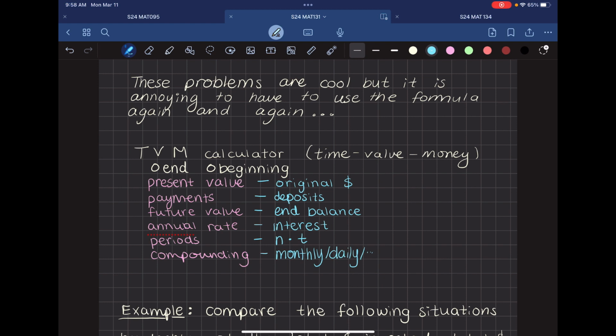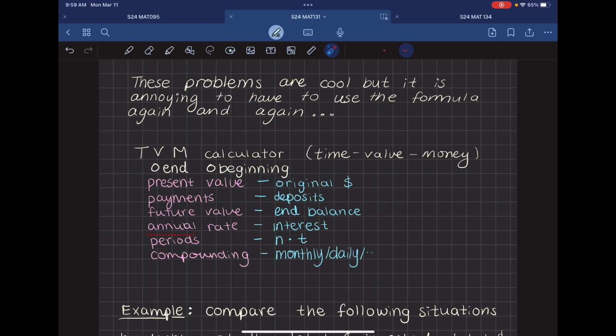So there is a TVM calculator, which is a time value of money calculator. I'm actually going to link one in WebCourses. So if you go to the module for this week, there will be a link that says TVM calculator, and you can click on that and open up the calculator. And you'll see a place to fill out some different information.